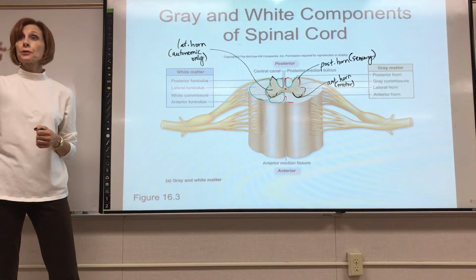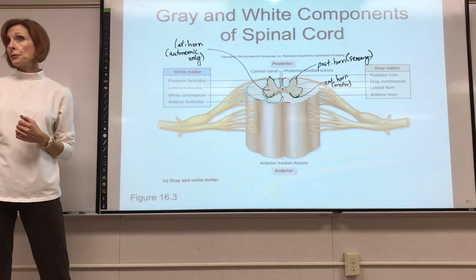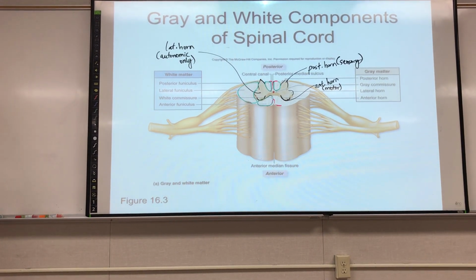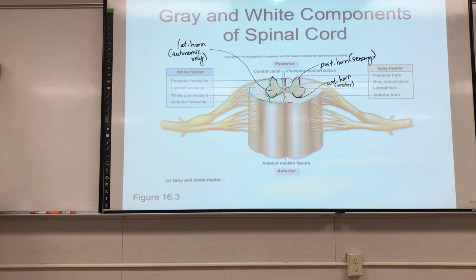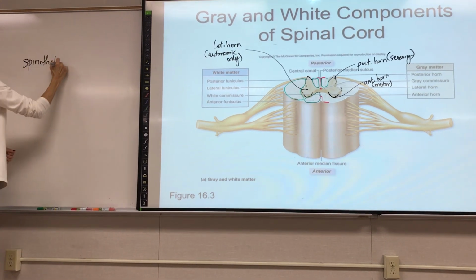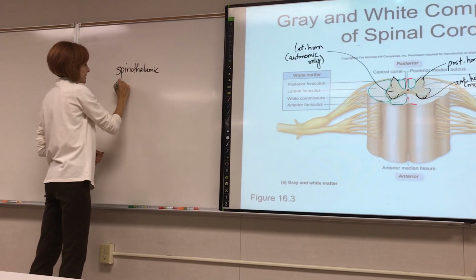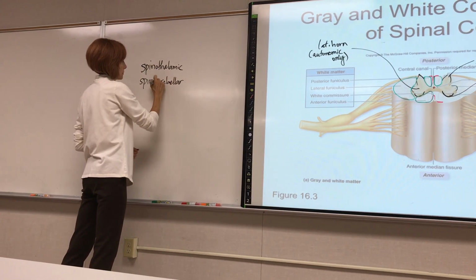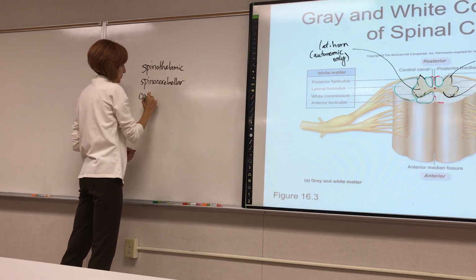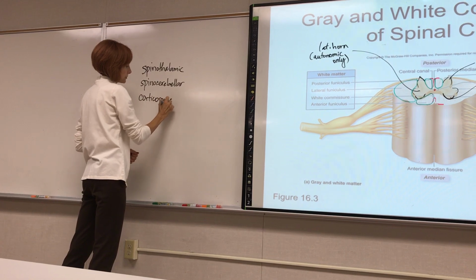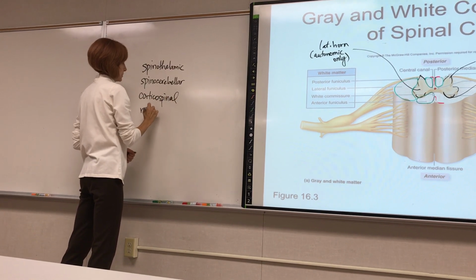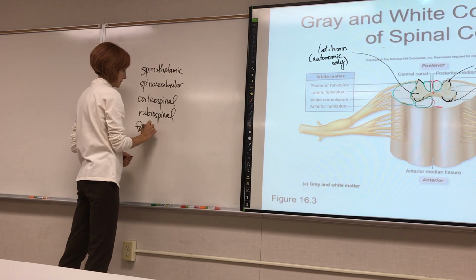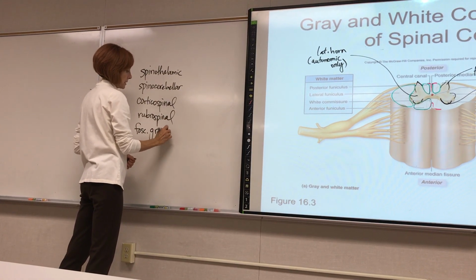Okay, so you'll see under the spinal cord, you'll see a bunch of names there for projection tracts. They will be things like the spinothalamic. You'll see, I believe, spinocerebellar is there. You'll see like the corticospinal, the rubrospinal, fasciculus gracilis and cuneatus.